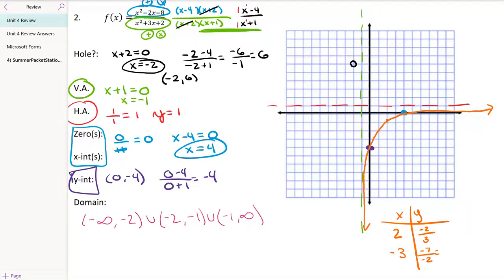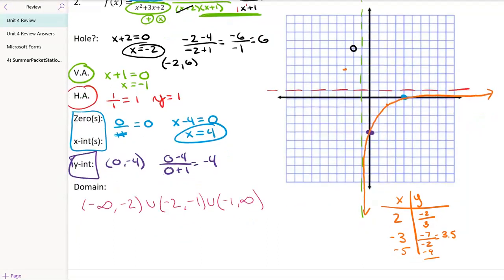And this equals positive roughly 3.5. So at -3, I'm at 3.5. And just to make sure, we'll do one more. How about we do -5. So at -5, -5 minus 4 is -9.